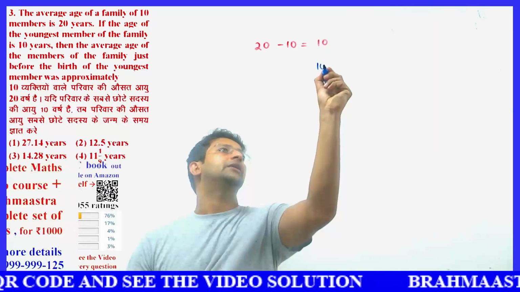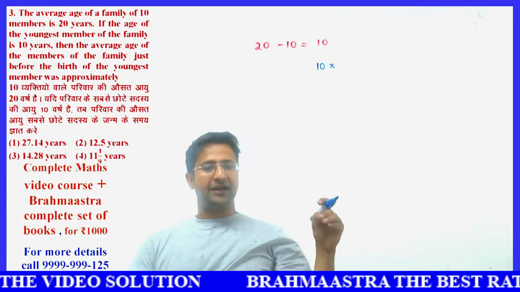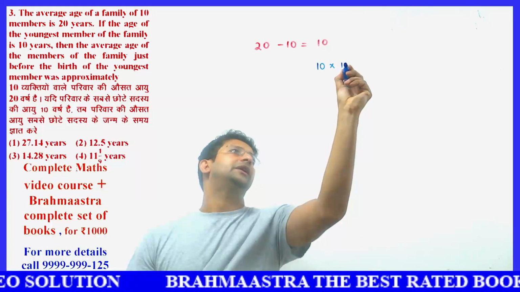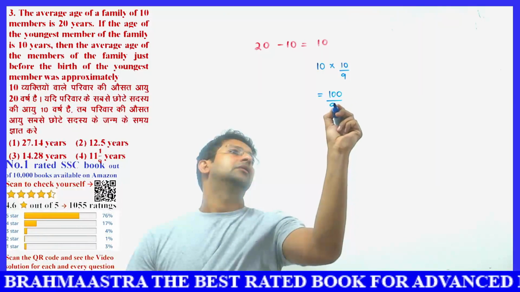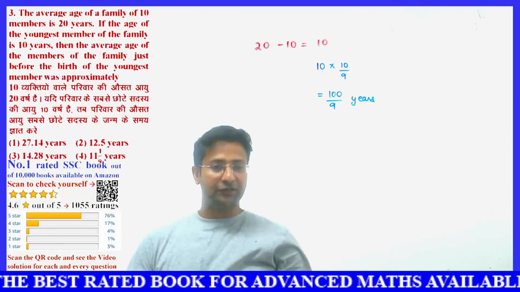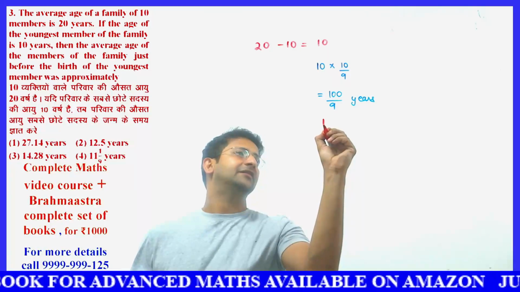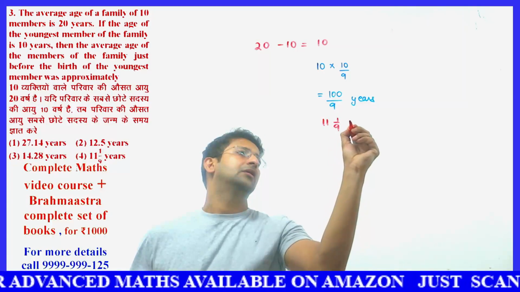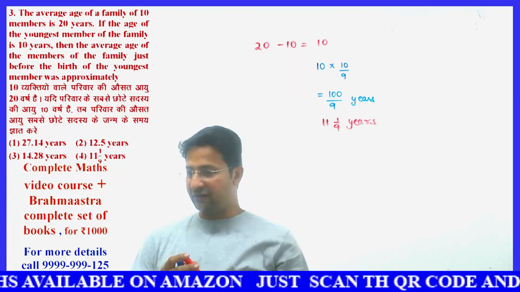So what you do, you multiply this 10. Before the birth, there were 9 members, and after the birth, there are 10 members. So it will be 10 by 9, that is 100 by 9 years. And what is the value of this 100 by 9? 100 divided by 9 is 11 1 by 9 years.